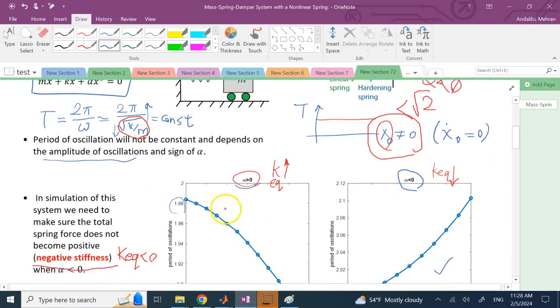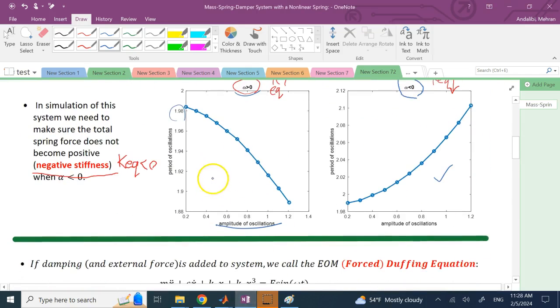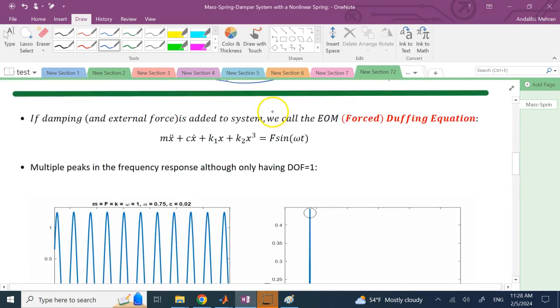Now let's talk about some other effects other than this variable period. Here we're going to add the external harmonic excitation as well as a linear damper. This total equation, by the way, is called the Duffing equation, the name of the person who first studied it.